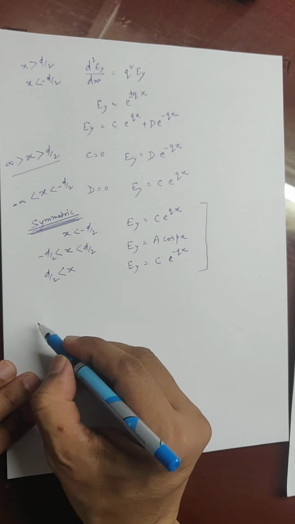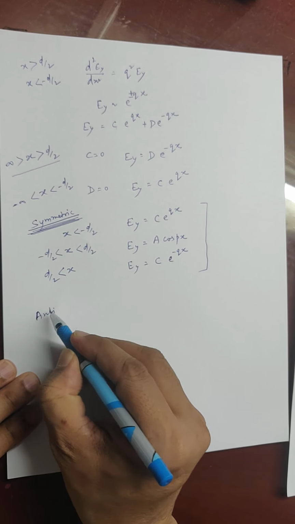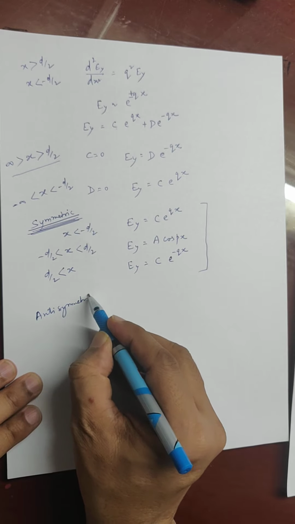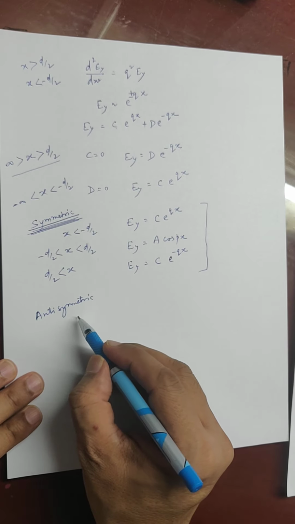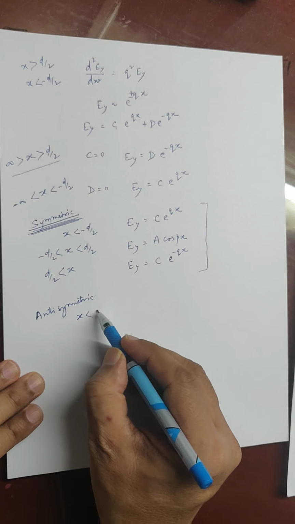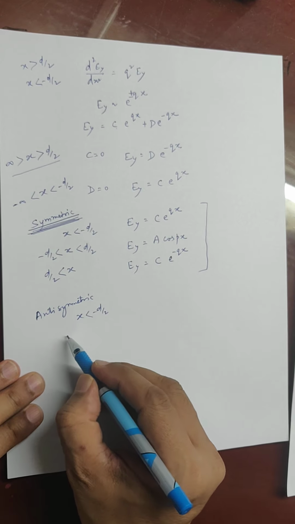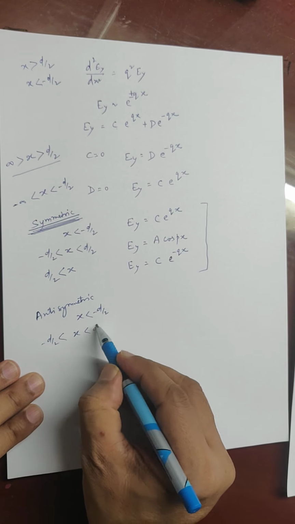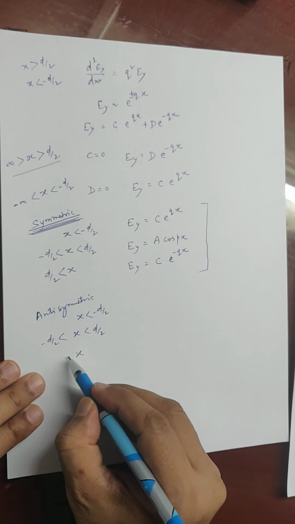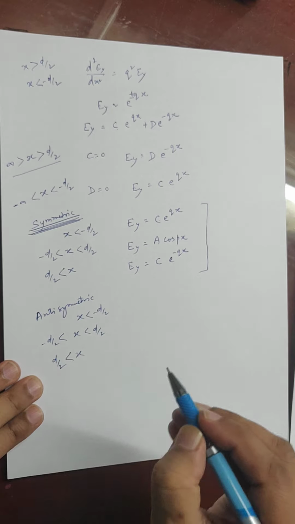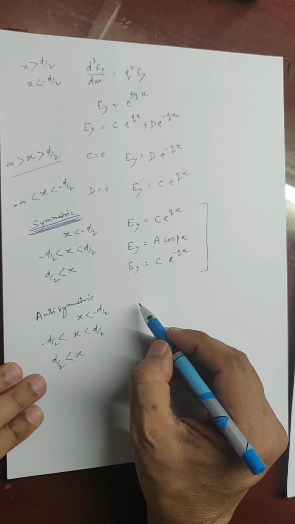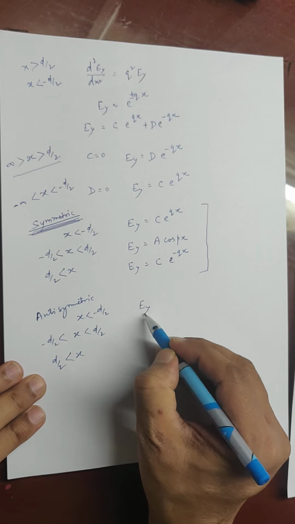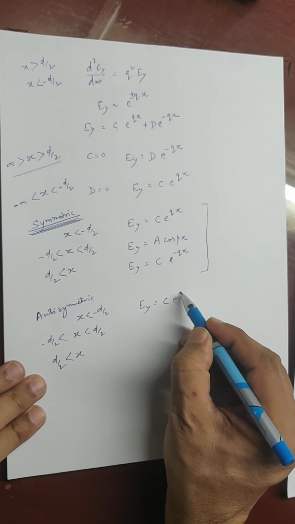And for the antisymmetric solution, again there are three regions: x less than minus d by 2, then x greater than minus d by 2 but less than d by 2, and then x greater than d by 2. In these three regions, again you have the same thing, Ey equal to c e to the power qx.